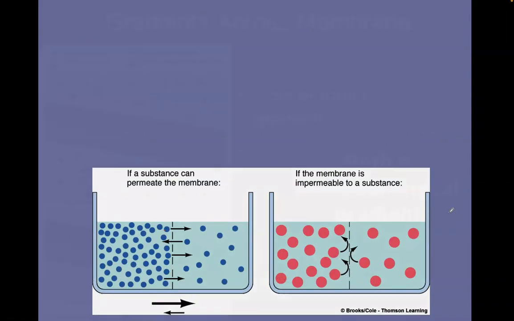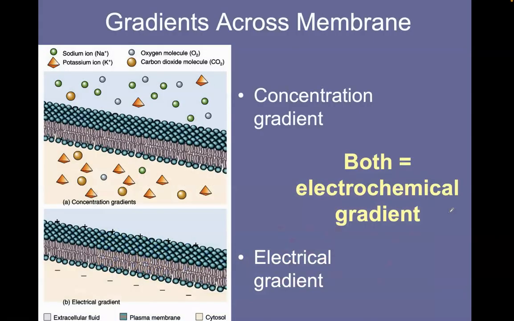Let me back up here just a minute. I just wanted to mention that when we talk about concentration gradients, there are kind of two types of gradients across a membrane. One of them is the concentration gradient of solutes across the membrane that we've been talking about. But we're also going to talk about electrical gradients, where we have lots of positively charged particles on one side and lots of negatively charged molecules on the other side.